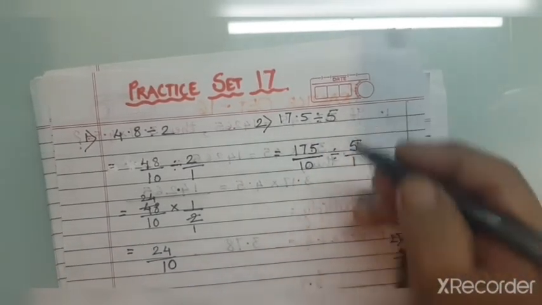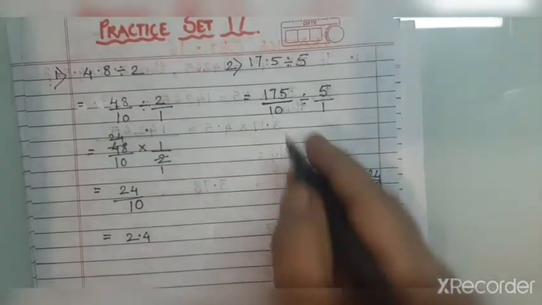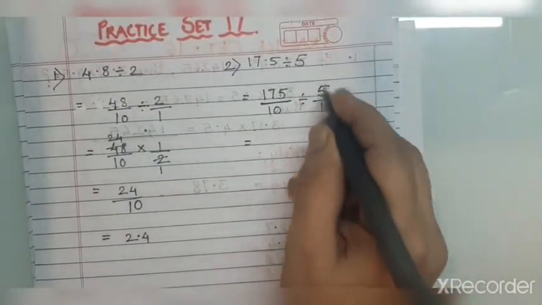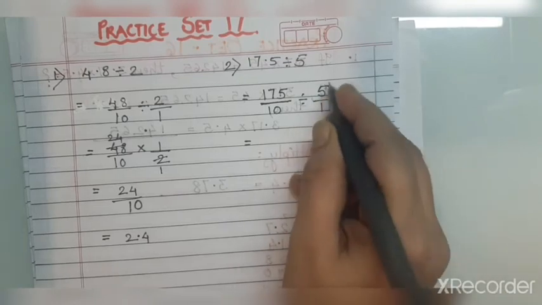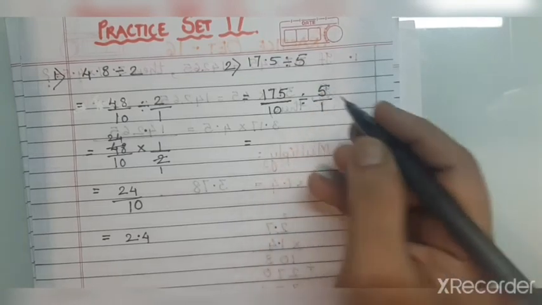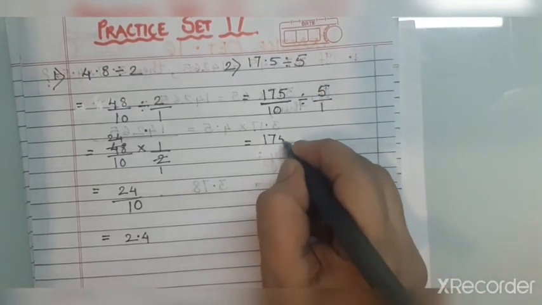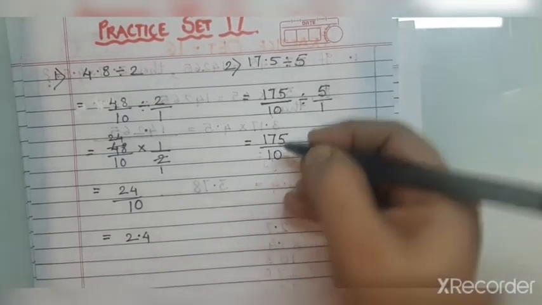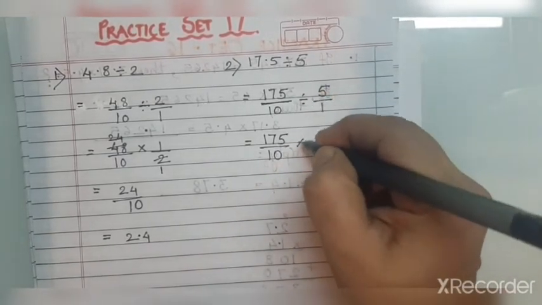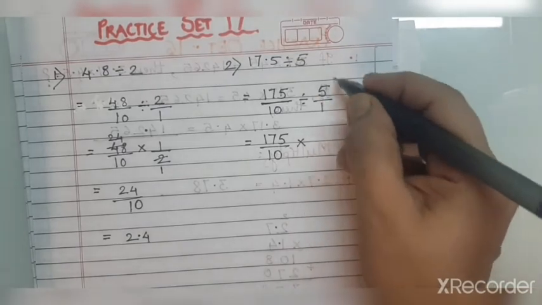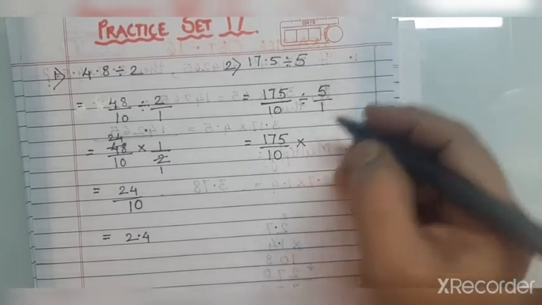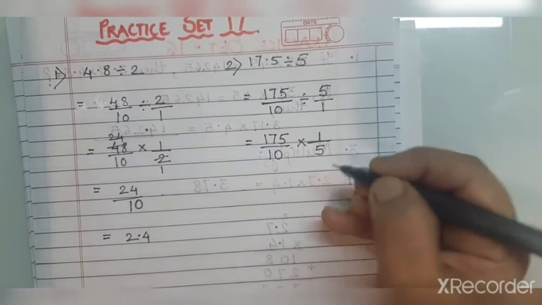Okay, it's a whole number, therefore the denominator is 1. Now the next step is to convert this into multiplication and therefore we take the reciprocal of the second fraction. So 175 upon 10 remains the same. Division gets converted to multiplication and we just write the reciprocal or the multiplicative inverse, that is 1 upon 5.